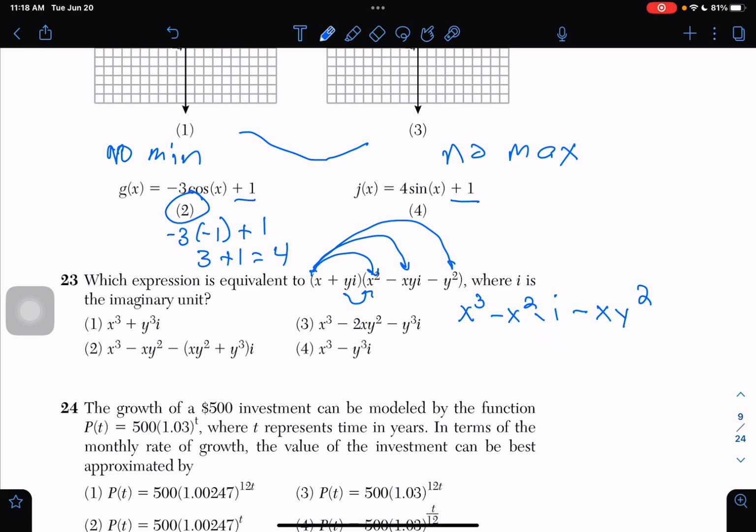All right, let's do it this way. y times that is x squared, is x y squared i squared. Now this one times this one is x y squared i squared.